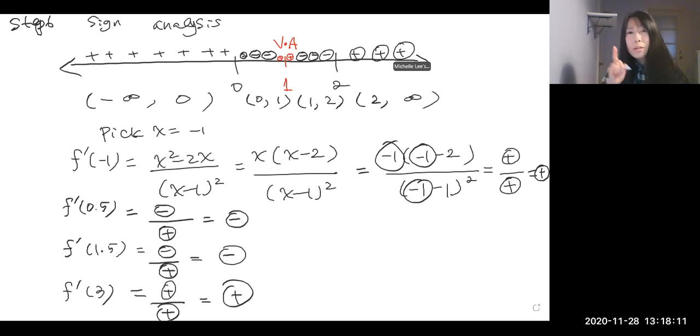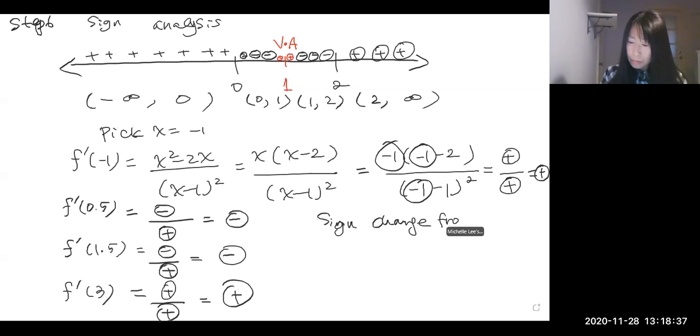So the first derivative is telling us that when the sign analysis goes from positive to negative, there is a local maximum. Sign change from positive to negative, right?